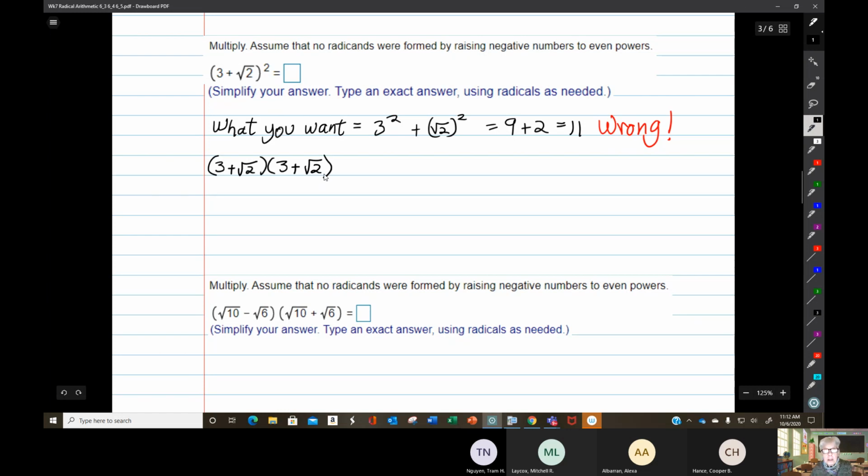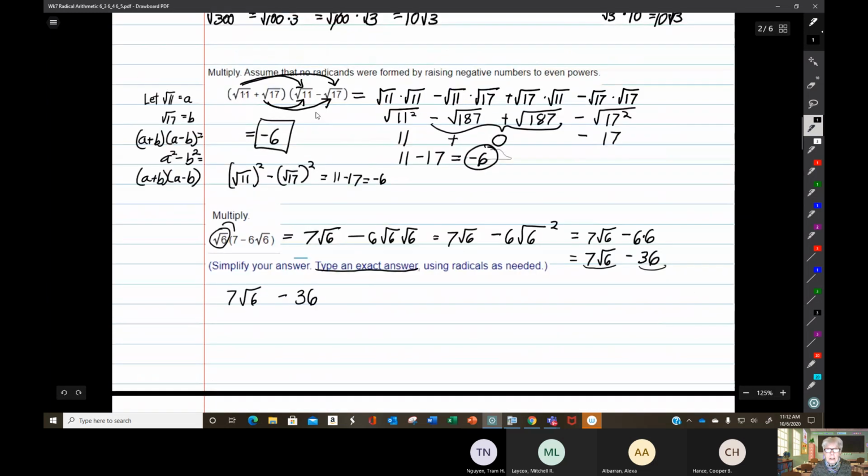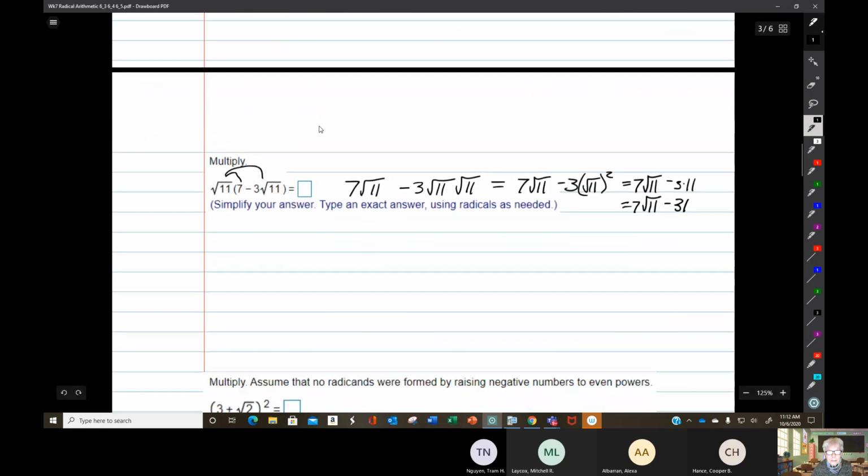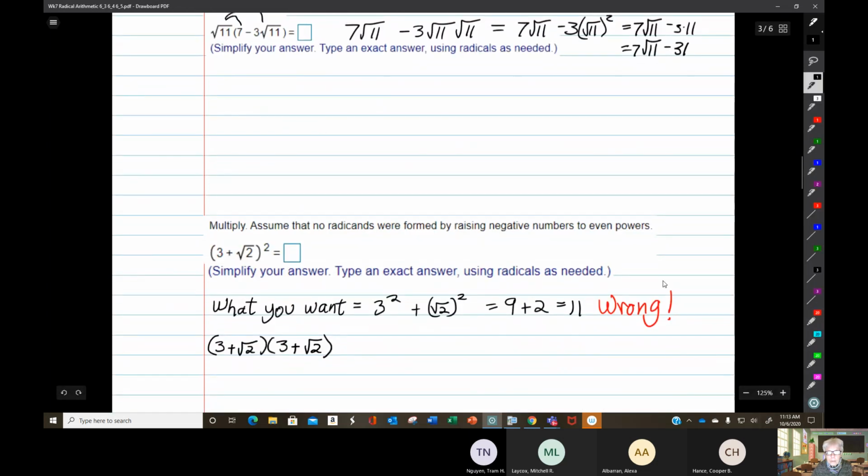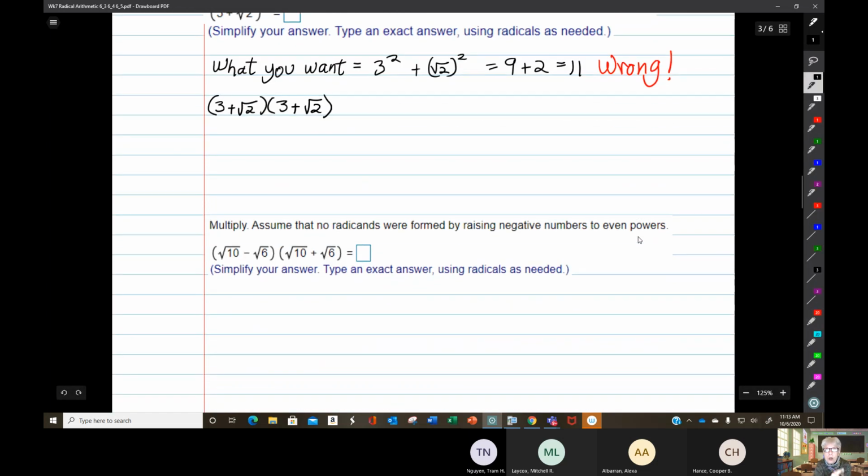Now you still have to beware because we just did conjugate problems back here. Those aren't conjugates. They don't have opposite signs between them. They have the same exact sign between them. So you can't say, oh, well, this is 9 minus 2, which is 7. Not.